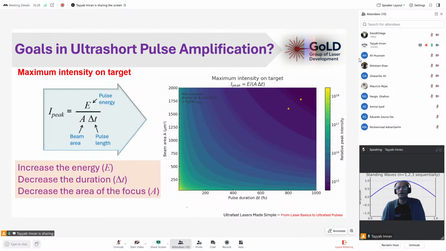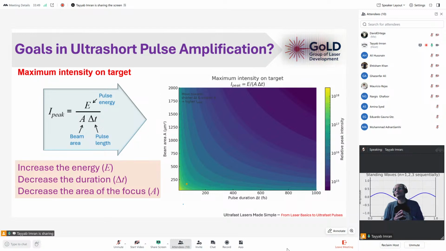Okay, so now, what is our goal actually? That we generated the femtosecond laser, and we know how to generate it.